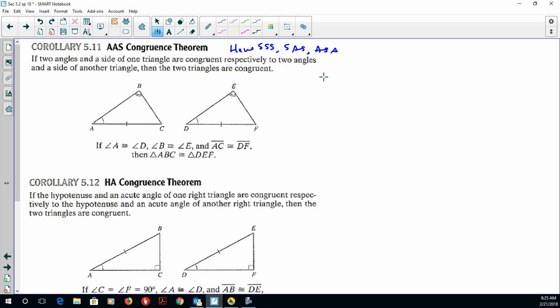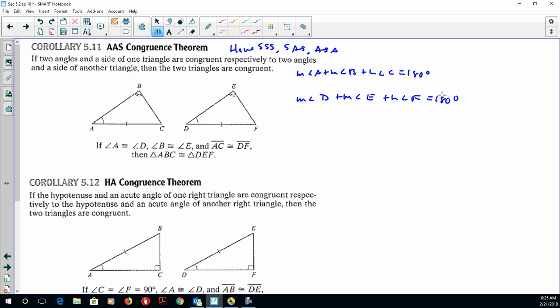Okay, so A and D are the same size, B and E are the same size. So the idea here is the measure of angle A plus the measure of angle B plus the measure of angle C has to be 180 degrees. The same thing for the measure of angle D plus the measure of angle E plus the measure of angle F, 180 degrees.